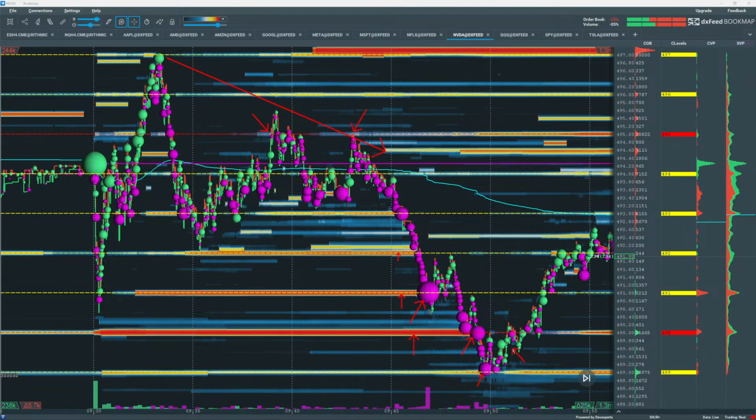Then the aggressive buyers start to come in and price moves higher. This high liquidity, especially for a higher price stock like NVIDIA at the zeros and the fives, attracts price. So very obvious price targets here in NVIDIA: 492, 91, 90, and 89, and especially 490.